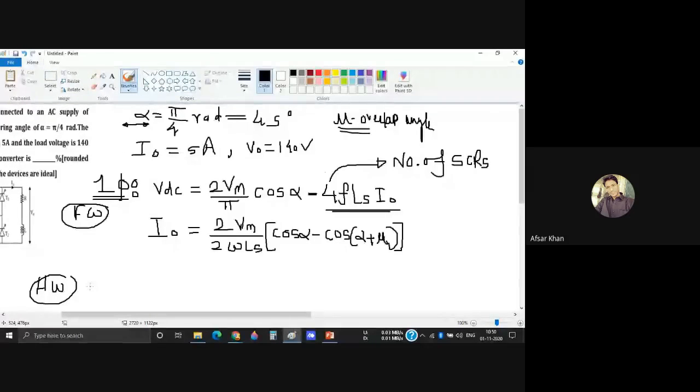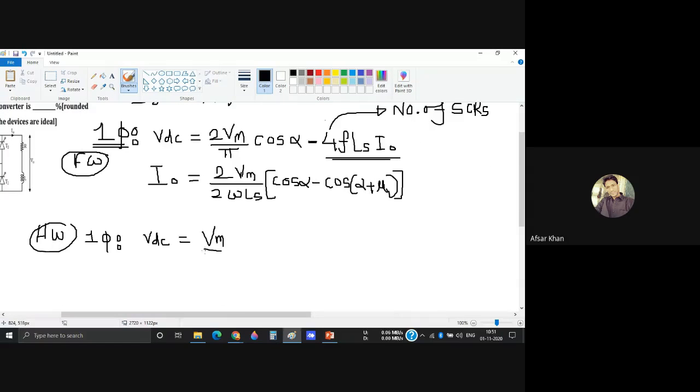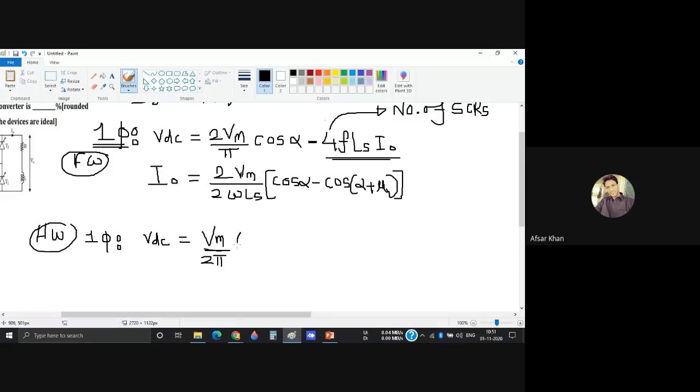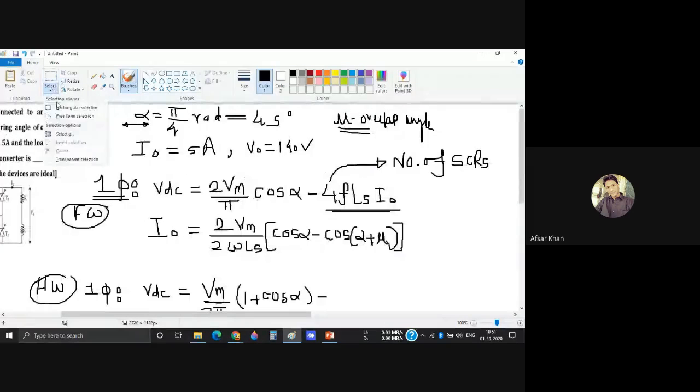In half wave, you have only one SCR. Therefore, VDC for half wave is, instead of twice Vm, only Vm by 2 pi. The formula is Vm by 2 pi into 1 plus cos alpha minus the effect of source inductance.